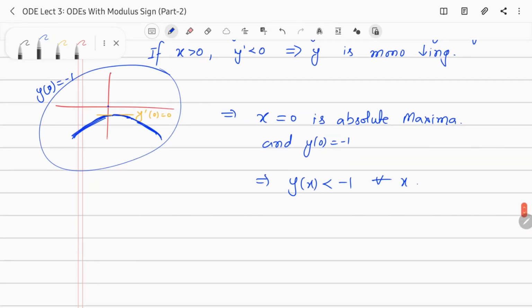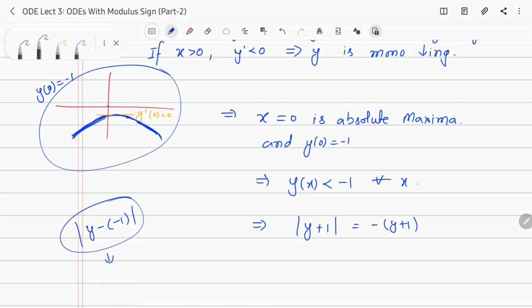So this implies that |y+1| will be -(y+1), because y is less than -1, and we all know that the mod sign comes with a negative sign if the expression is negative, right?